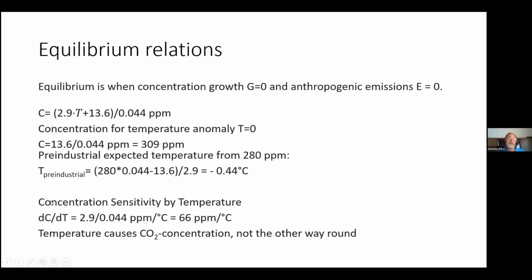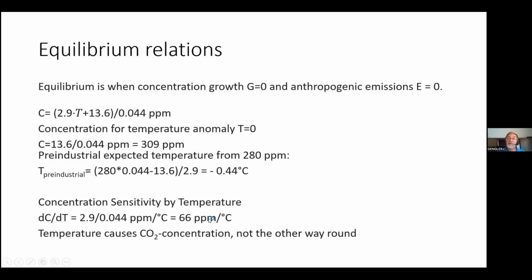Also, that's interesting, but again, this only applies when equilibrium is reached. A concentration sensitivity by temperature: if we don't have any anthropogenic emissions, if there was only temperature, then we would have a sensitivity of 66 ppm for each degree centigrade.